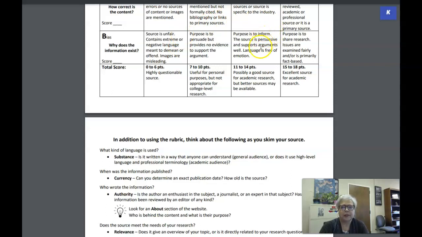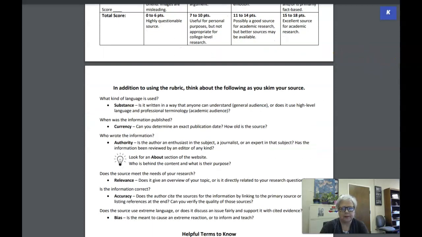But if its purpose is to inform, it's persuasive and supports its arguments well, the purpose is to share research, issues are examined fairly, primarily fact-based information, that's a good source to use. All right, if it's somebody's opinion and it's a blog, that is not good for a college research paper.